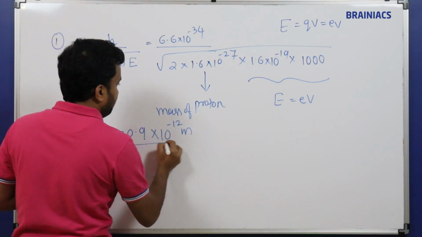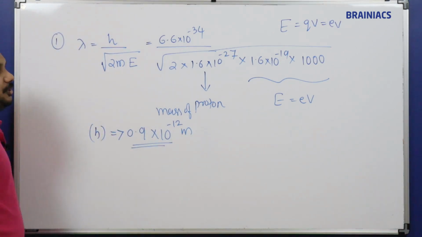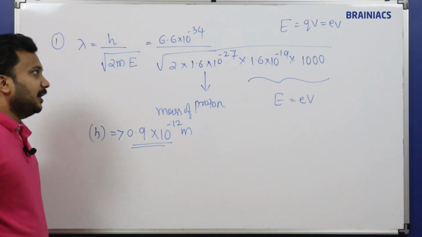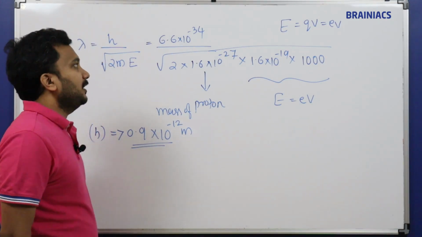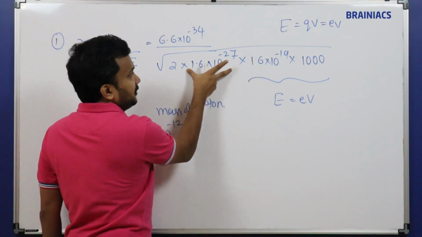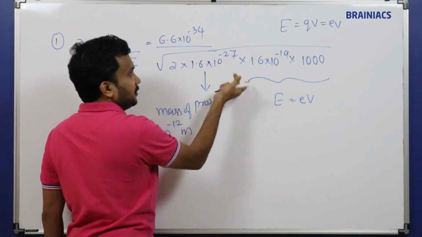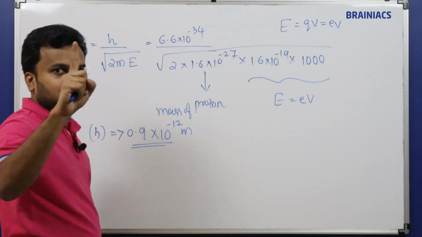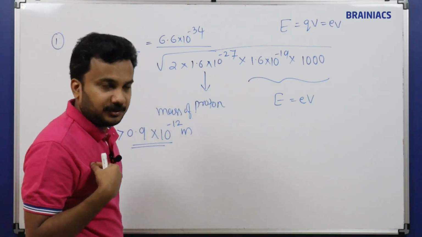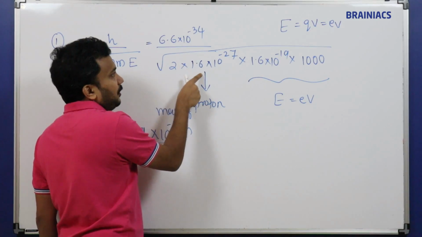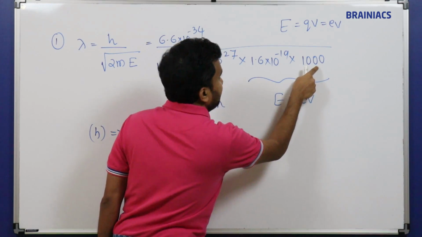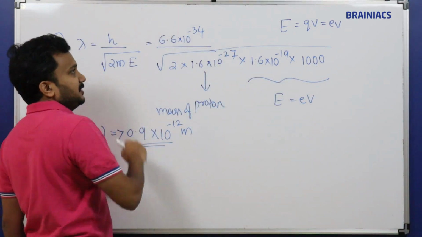So you have to solve it. First you have to solve the root part. I know it's a bit difficult, so I will tell you how I solved it. Inside the root, 1.6 and 1.6 give 1.6 outside as the root. The root of 2 I know is 1.4, so we have 1.4 into 1.6 into 10 power minus 27, 10 power minus 19, which gives 10 power 3 coming outside.